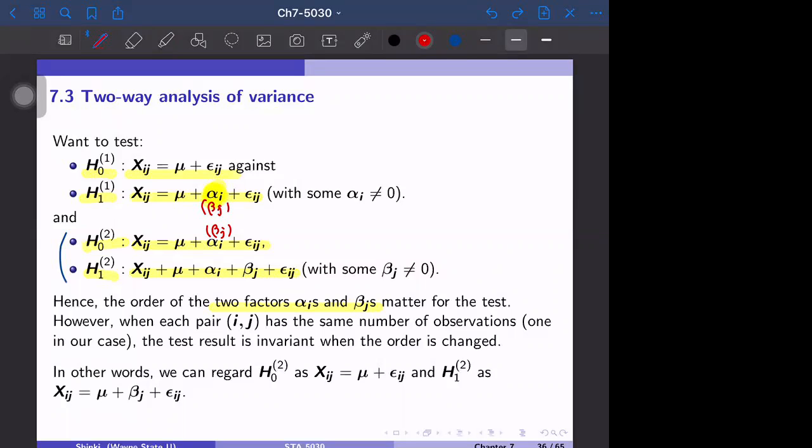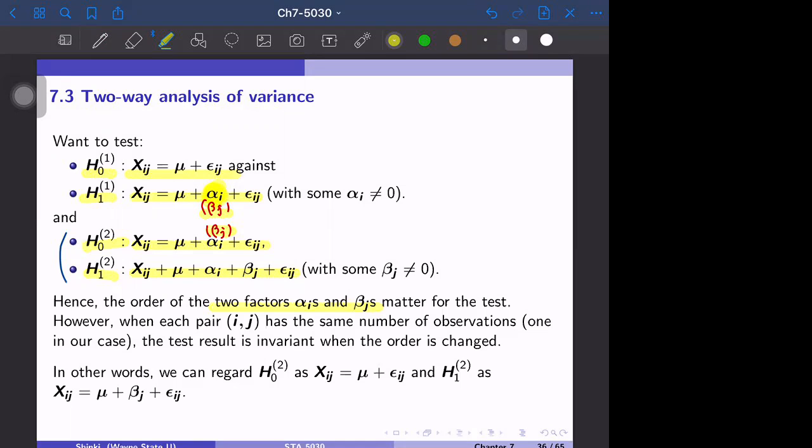But if we have one observation for each pair of ij, then the test result is invariant when the order is changed. So if we use this test in red, it isn't different from the test the other way around. So the effect of alpha i and the effect of beta j are interchangeable.